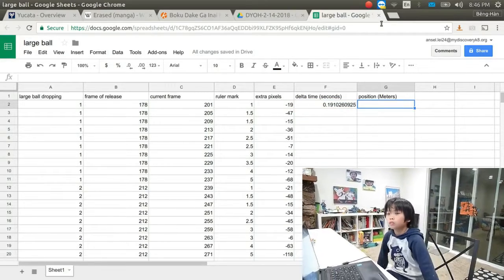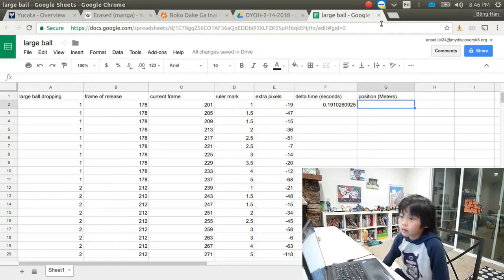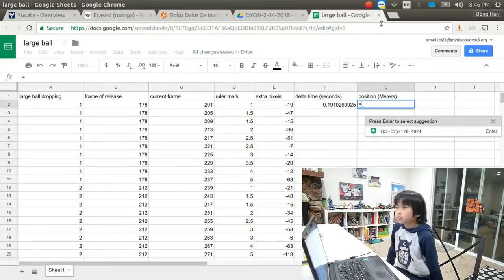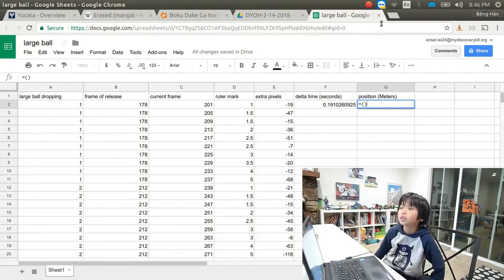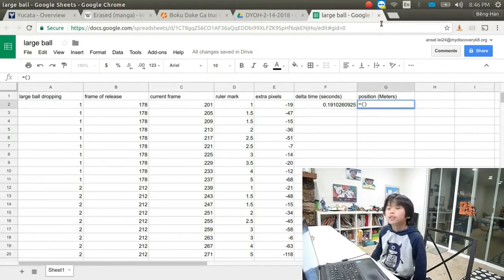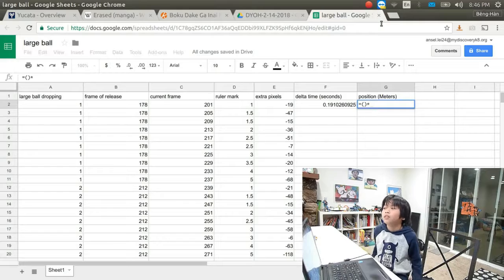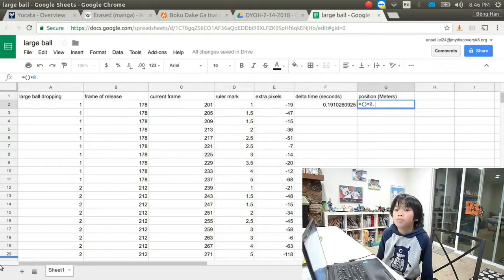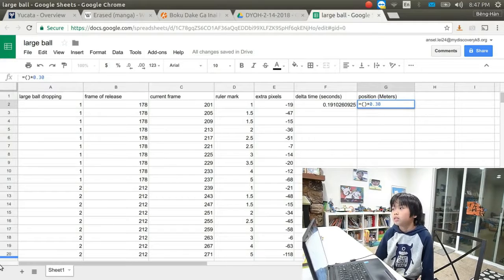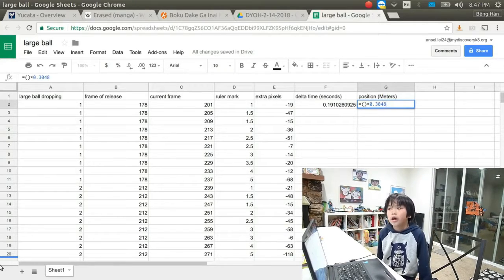We want to measure where the ball is in meters, but instead we have a foot chart, so we'll have to convert the foot into meters by multiplying by 0.3048.